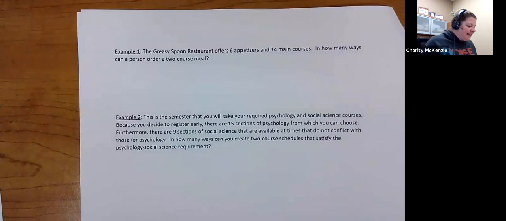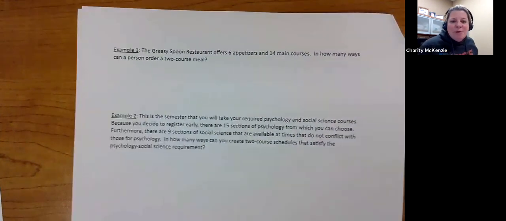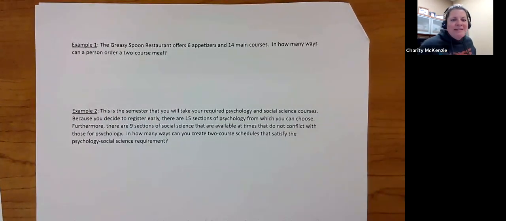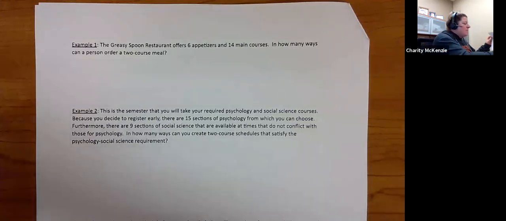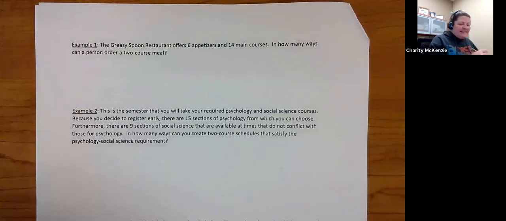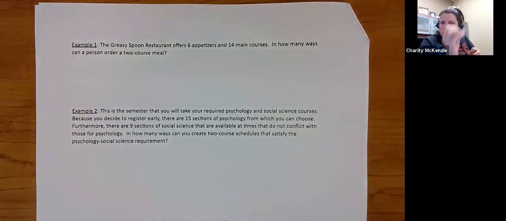So this first example here, the Greasy Spoon, it's really our second, that's okay. The Greasy Spoon restaurant offers 6 appetizers and 14 main courses. In how many ways can a person order a 2-course meal? All right, so I could do a tree diagram, but it would need 6 branches, then 14 on each of the 6.